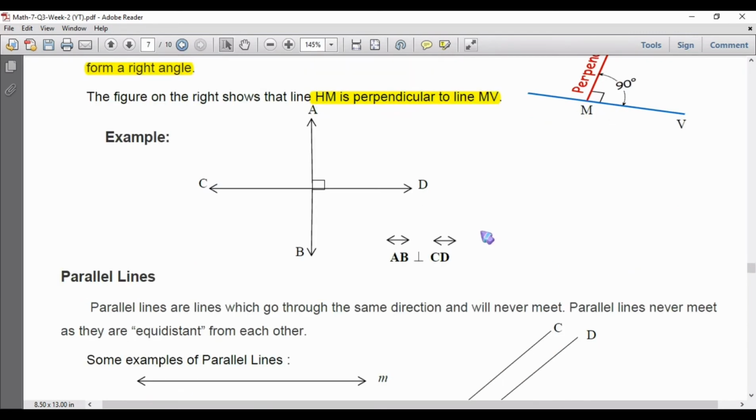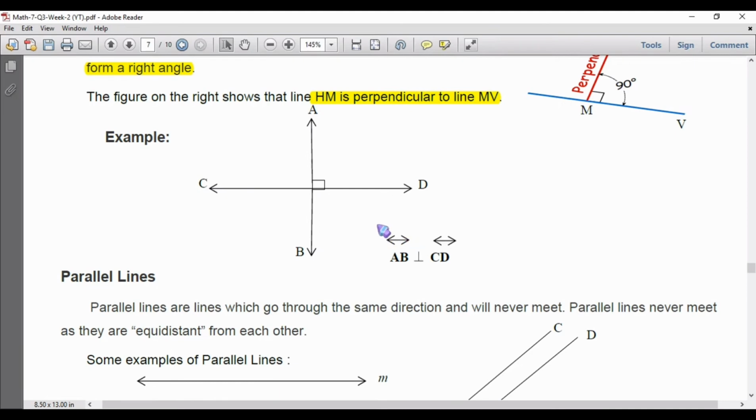Here is another one: line AB. Line AB is perpendicular to line CD.